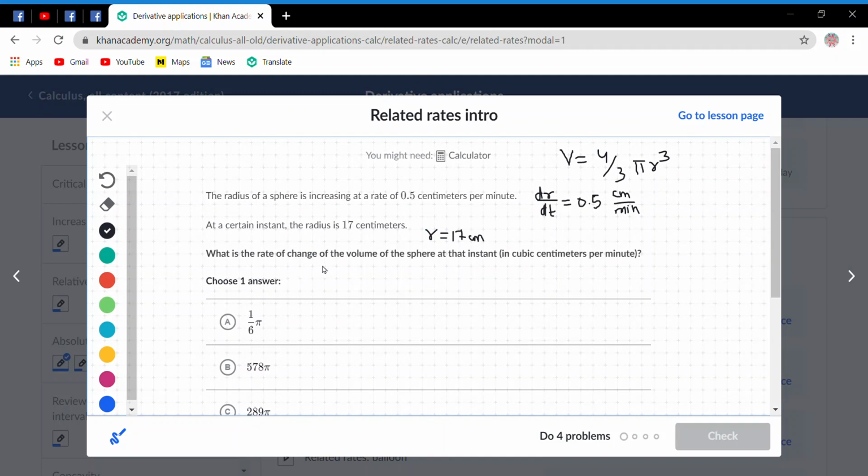So we want to find dV over dt. Let's take the derivative of both sides with respect to time. So dV over dt is equal to, and we can take out 4 over 3 and pi because they are constants, and inside there will be the derivative d over dt of r cubed.